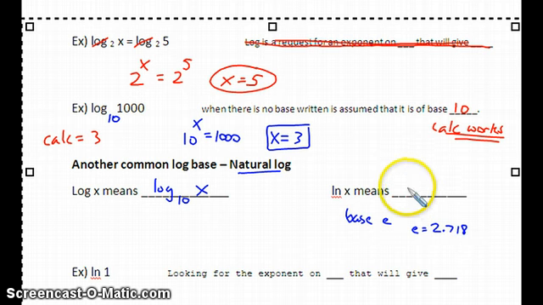So this problem is really saying the natural log, base e, of x. Depending on which log you're using will depend on what your base is. When it's a regular log, it's base 10. When it is the natural log, it's base e. So let's keep that in mind when we look at our next examples.